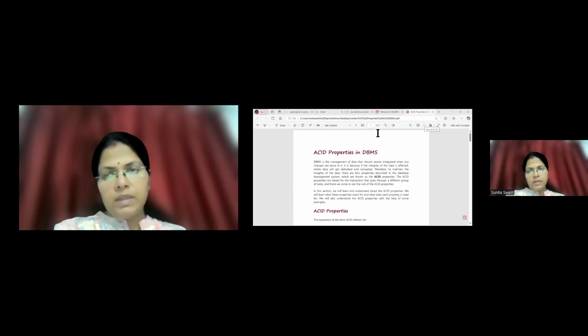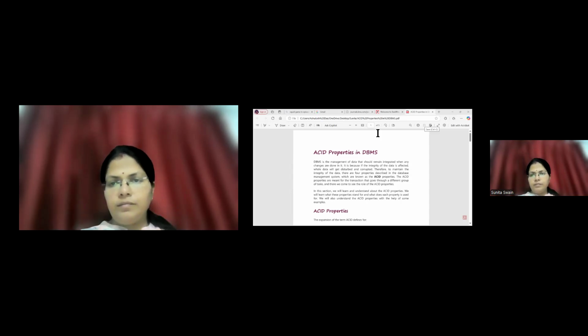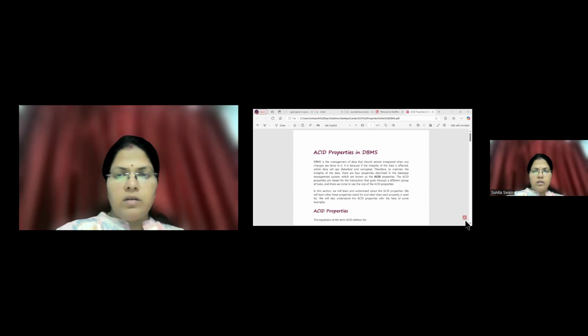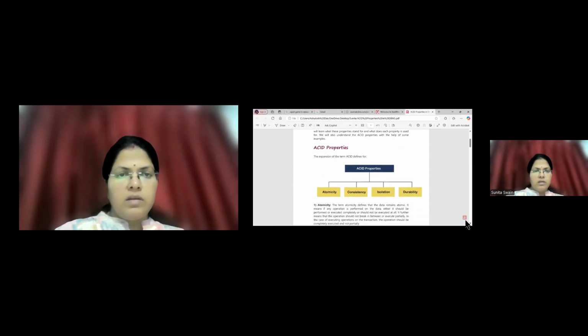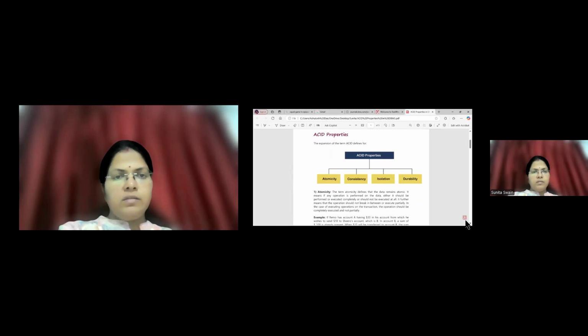Obviously, through examples, we can understand the different properties of ACID in DBMS more clearly. So, one by one, we'll discuss. ACID stands for atomicity, consistency, isolation, and durability.